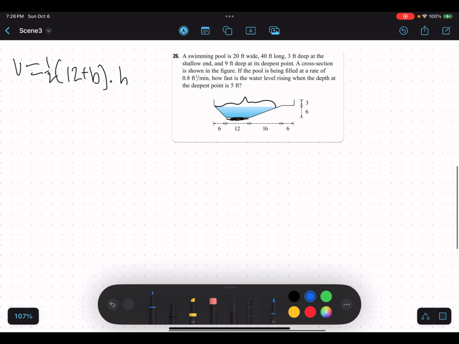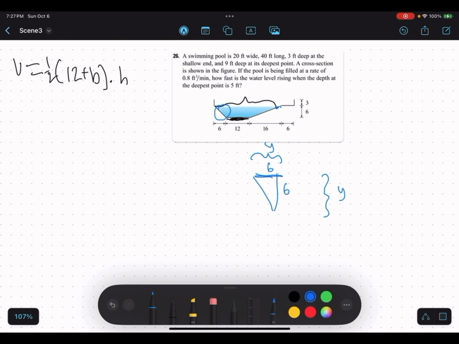So let's take this small cross section. So we know if the water is at max, this part is 6, and this part is also 6, right? So what can we infer from this? Well, we can infer that whatever this height is, if it's y, this height will always also be y.